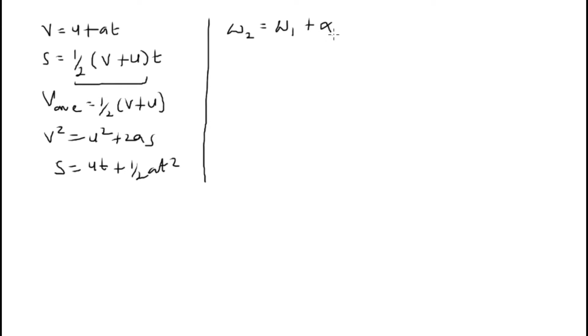I'll write it like this to show that it is for the angular acceleration. And for s, which is the distance, for circular motion I'll have the angular displacement, which is represented as theta.